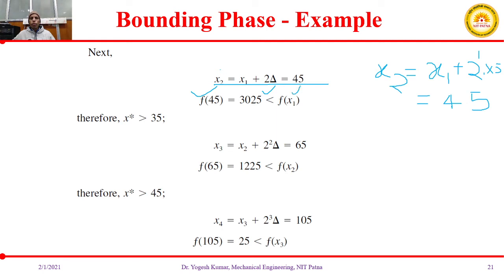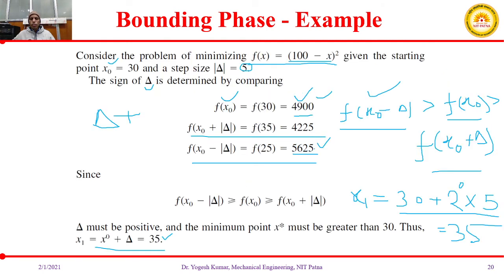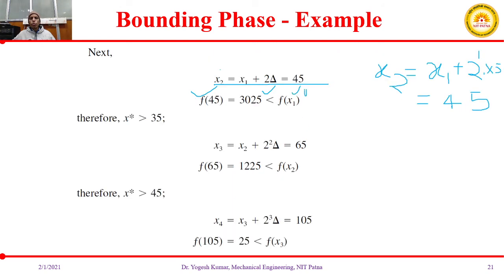What was the value of f(x1)? f(x1) means f(35), so the value was 4225. For clarity I am writing f(35).